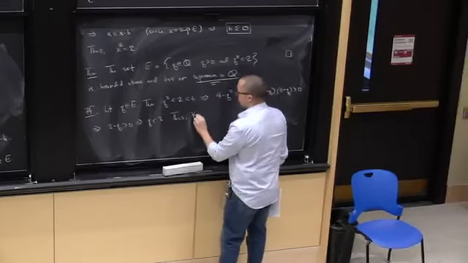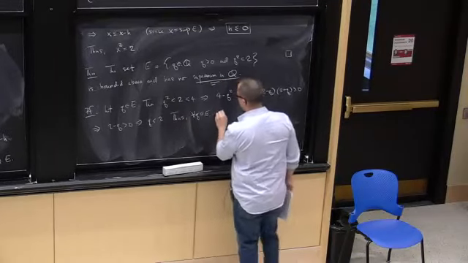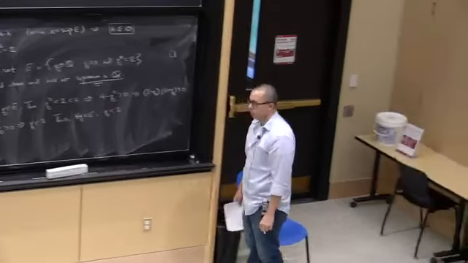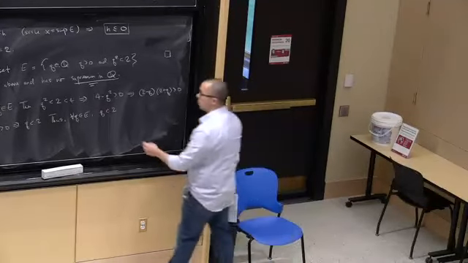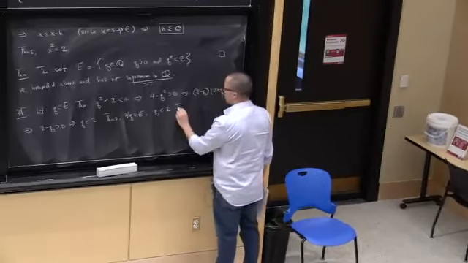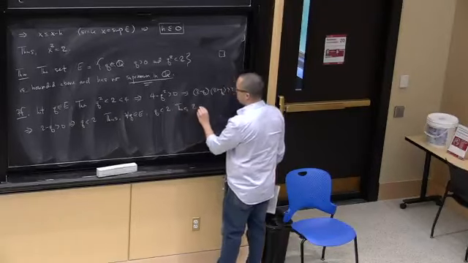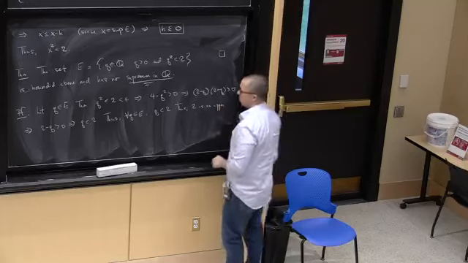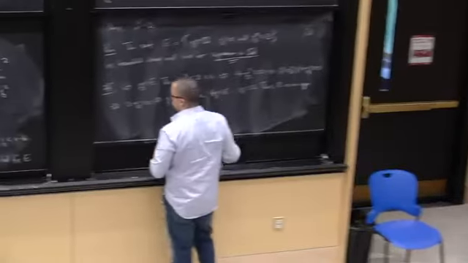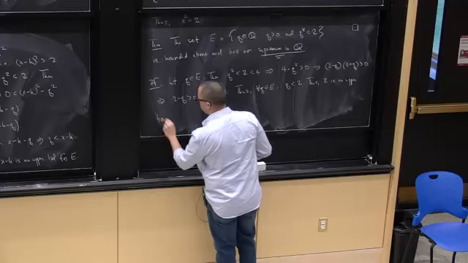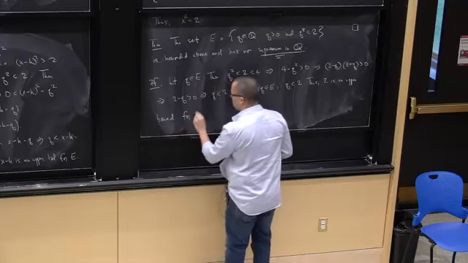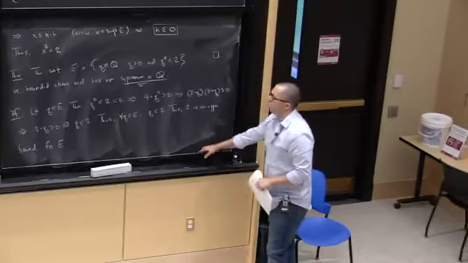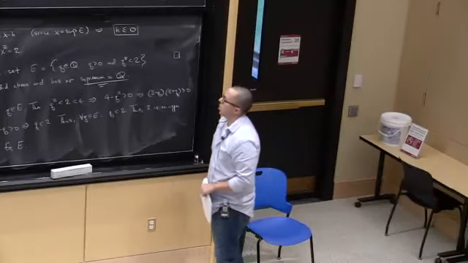Thus, for all q in E, q is less than 2. Okay? So 2 is an upper bound for the set E. So that proves that the set E is bounded above.